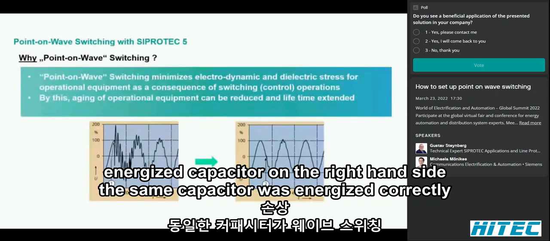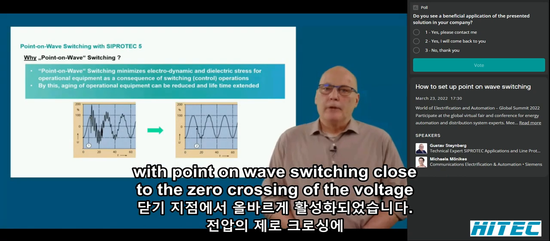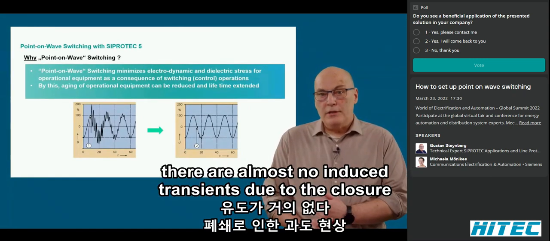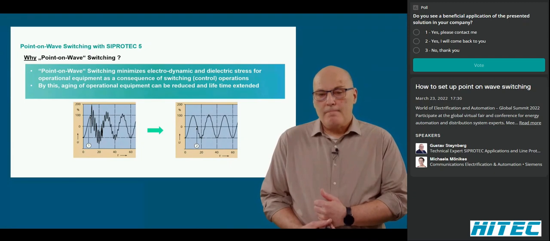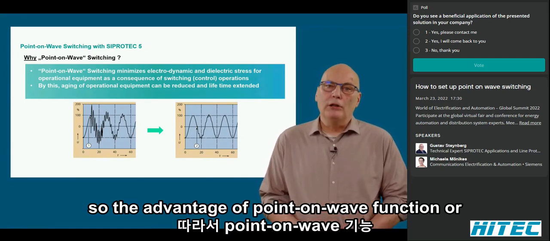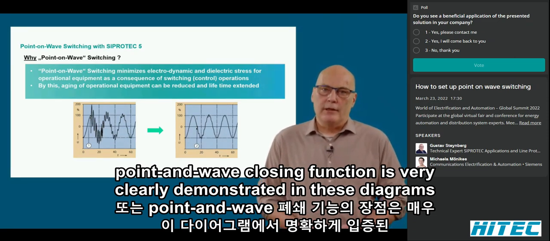On the right-hand side, the same capacitor was energized correctly with point-on-wave switching, close to the zero crossing of the voltage. There are almost no induced transients due to the closure. So the advantage of the point-on-wave closing function is very clearly demonstrated in these diagrams.